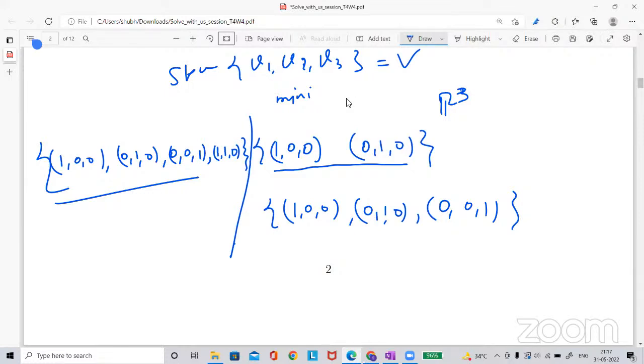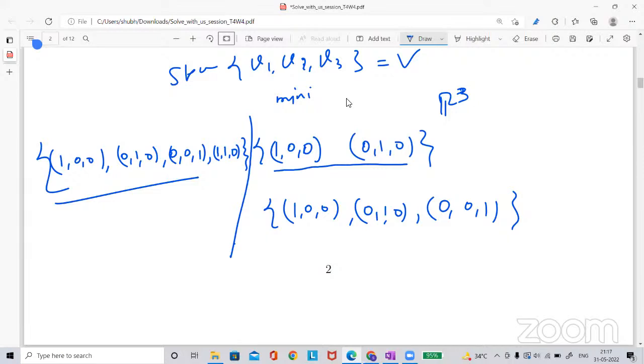What my question and my other friend was also asking: if the independent vectors span R3, then they have to satisfy the condition that they have to be a minimal spanning set and a maximal linearly independent set. So they both have to be equal.